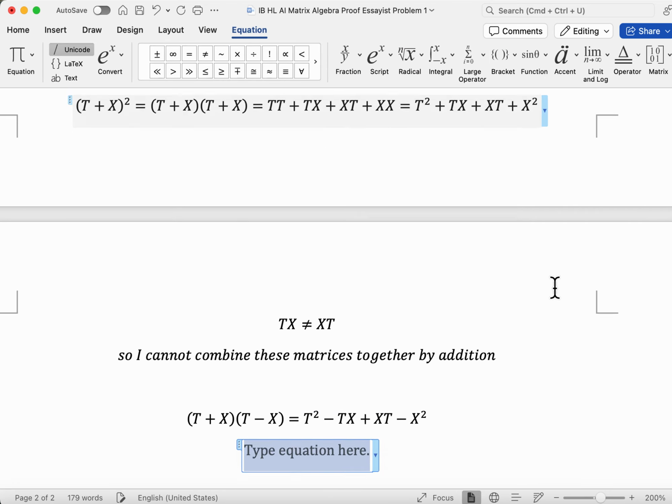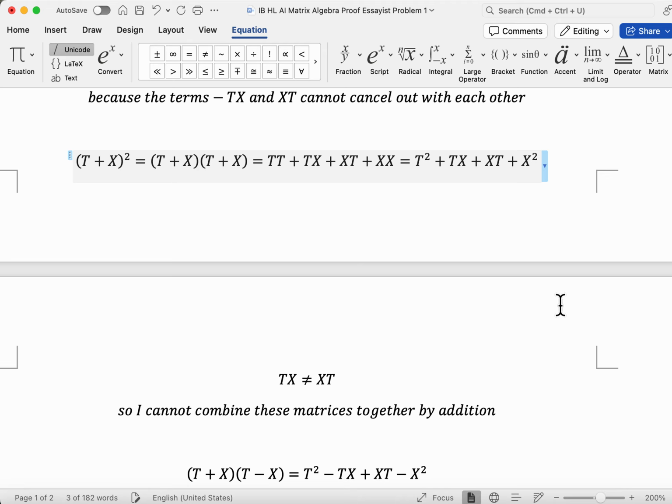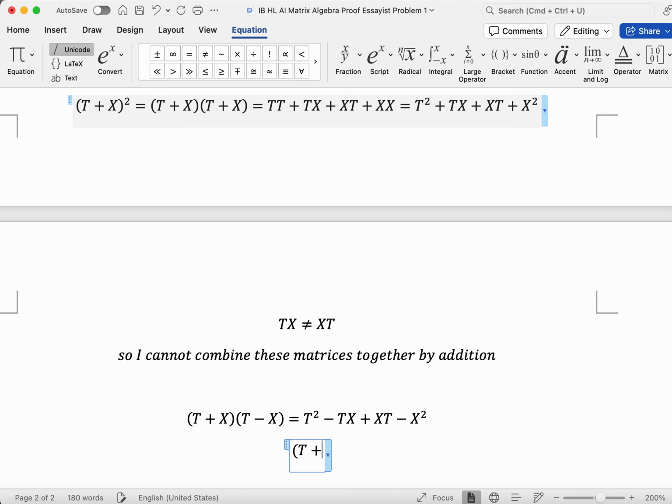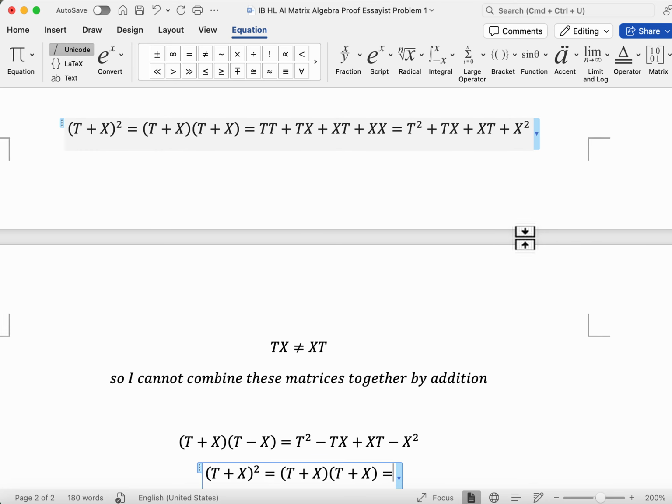And then finally we have t plus x squared, which equals t plus x times t plus x, which equals t squared plus tx plus xt plus x squared.